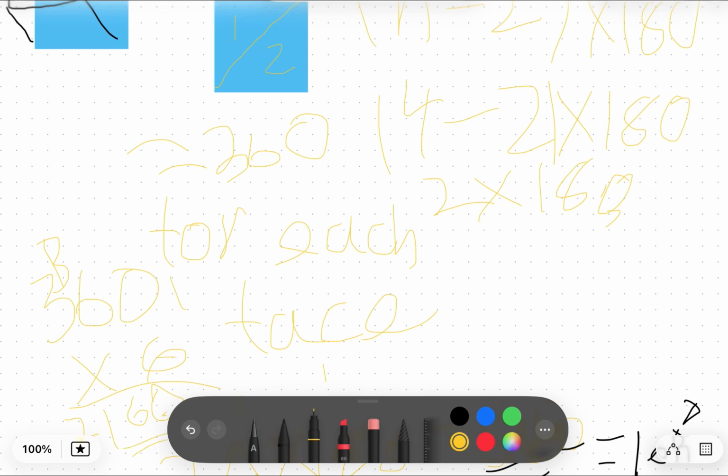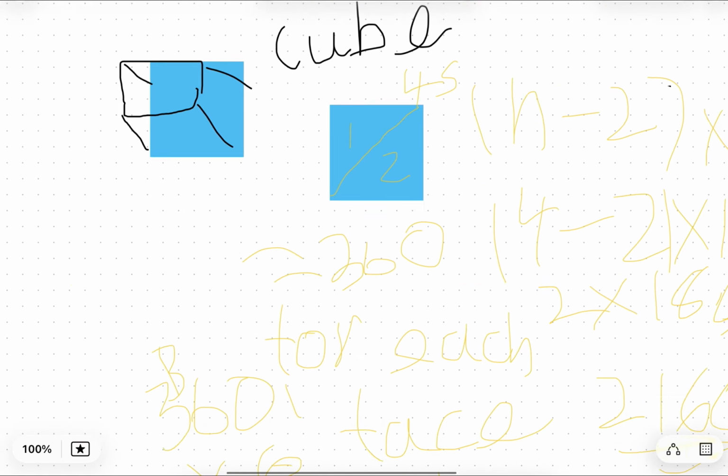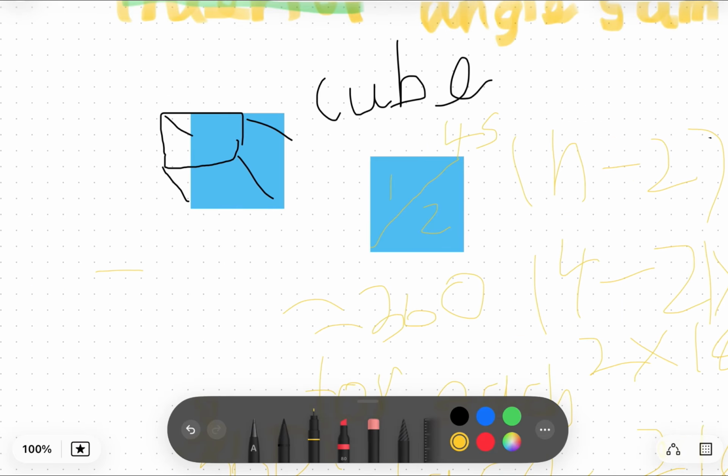This is the sum. 2160 degrees. This works quite differently from a typical protractor. So this is the sum of a cube. Let me just quickly write this here. 2160 degrees for a cube.